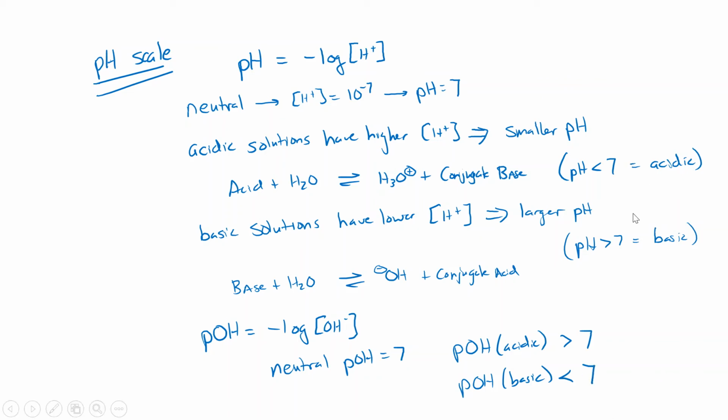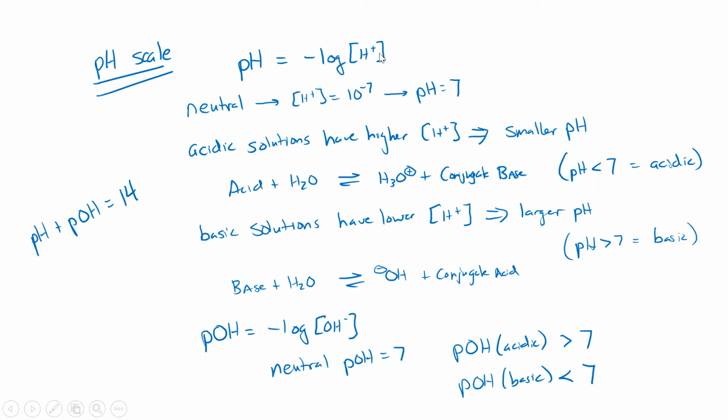In fact, we can even say, because we know that the concentration of OH minus and the concentration of H plus are related by Kw, which is 1 times 10 to the negative 14th, we can actually say that pH plus pOH will always equal 14, right?